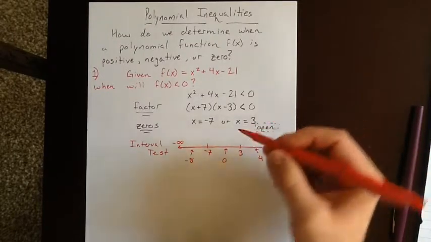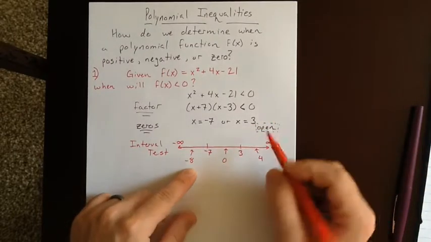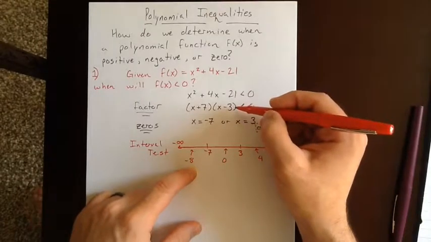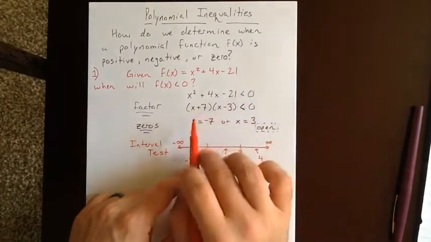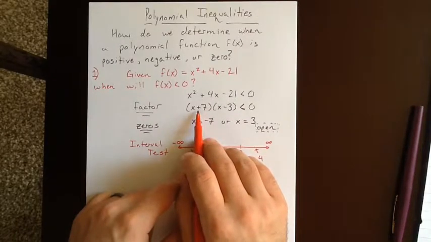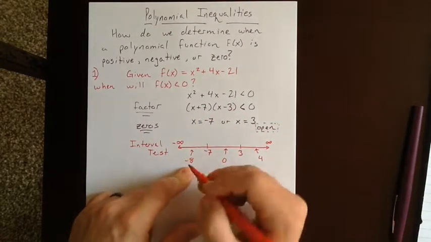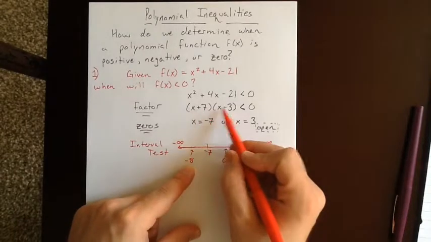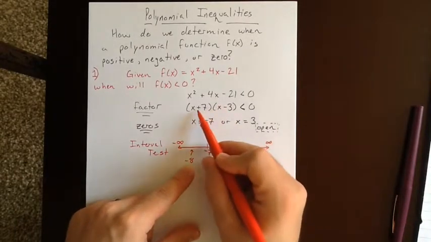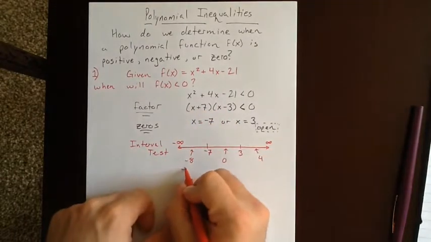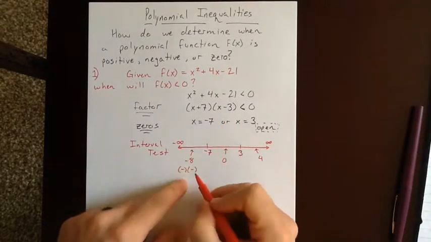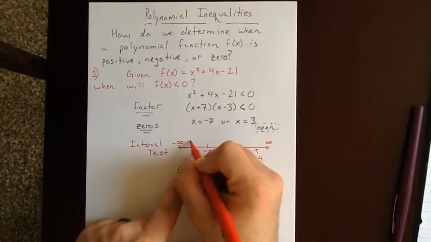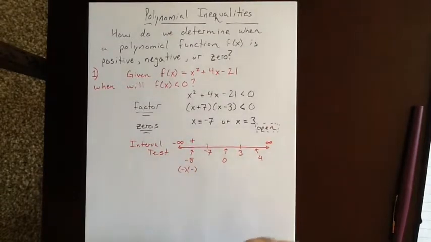Reviewing, we place each of these back into the factored polynomial, and we want to know, will each factor be positive or negative? As I place negative 8 back into our equation, we get a negative number from the first factor and a negative number from the second factor. The product of two negatives we would write as a positive.